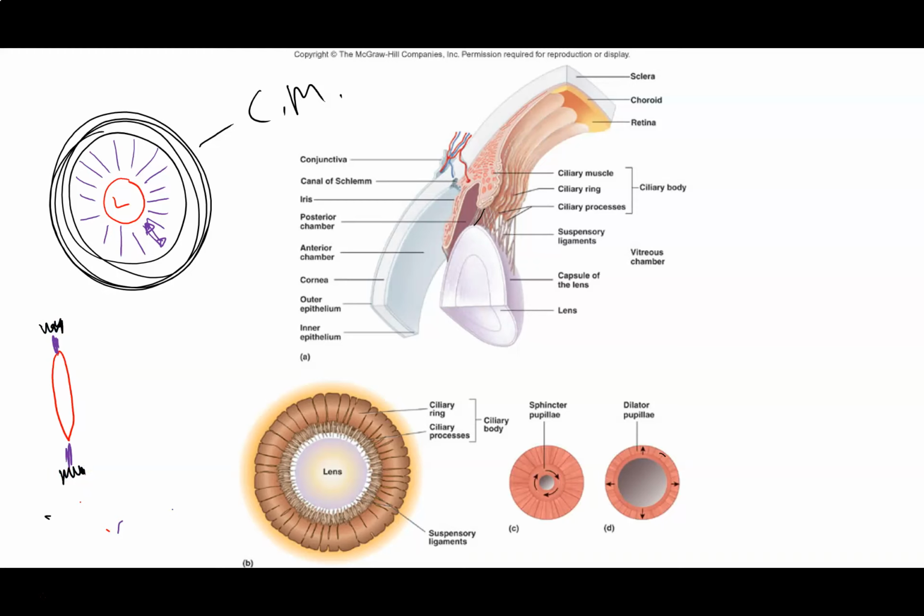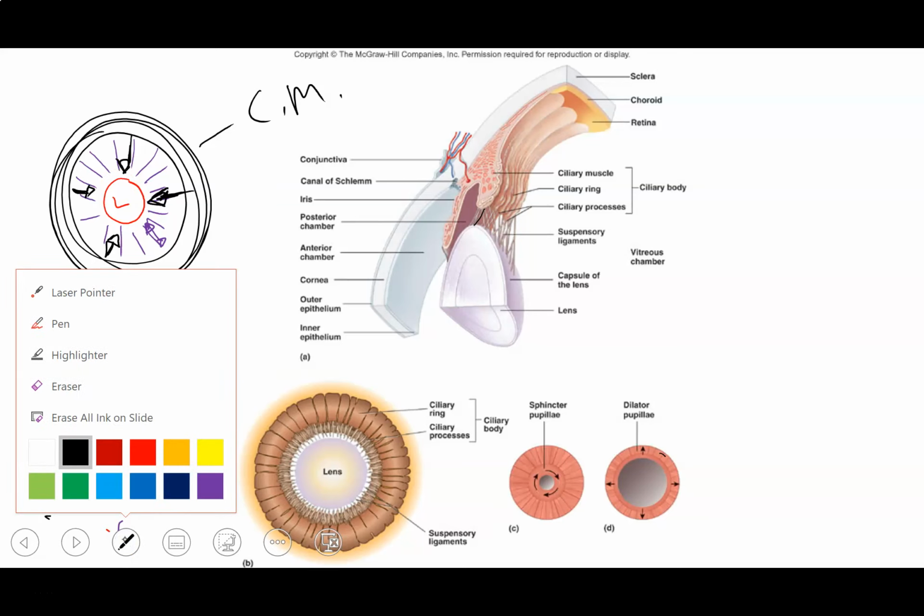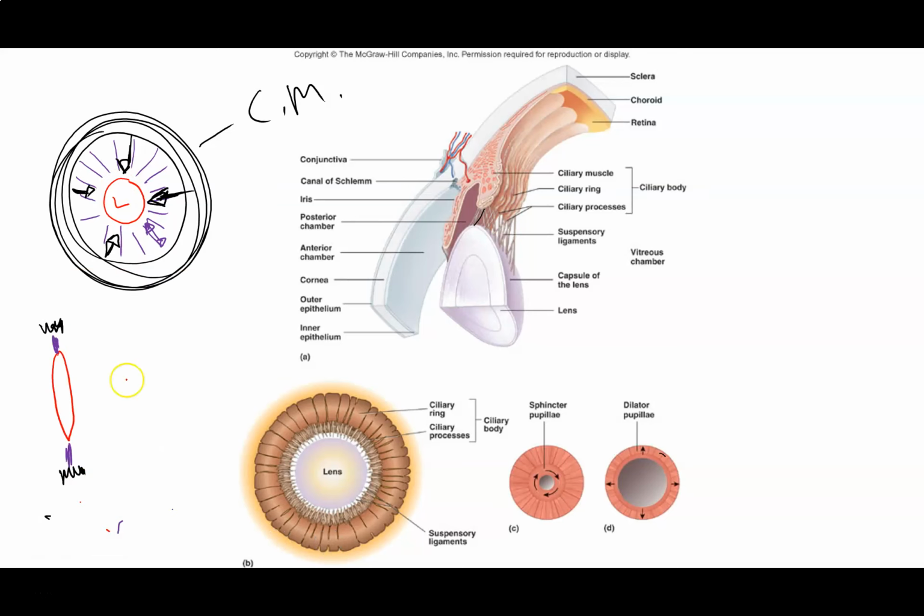Now, when the ciliary muscle contracts, because the ciliary muscle is circularly arranged, it's going to close in on itself. The ciliary muscle is going to get closer to the lens. What that's going to do is release tension on the suspensory ligaments, and the lens will be able to assume a more spherical shape, which is its natural inclination.